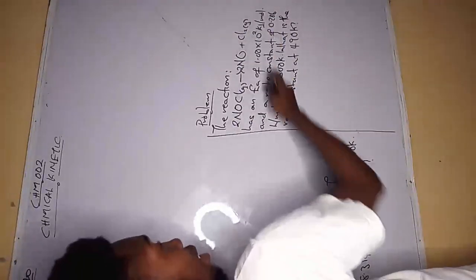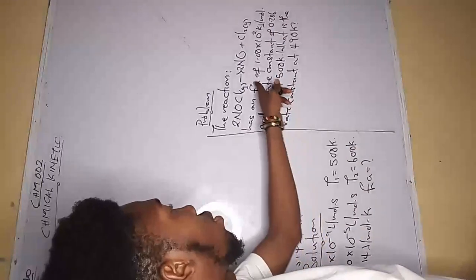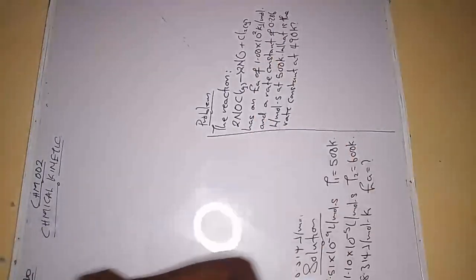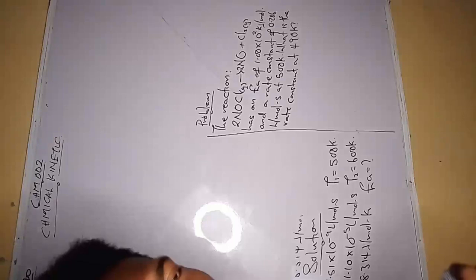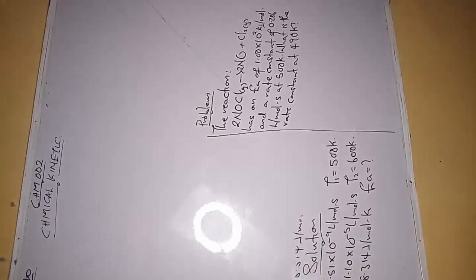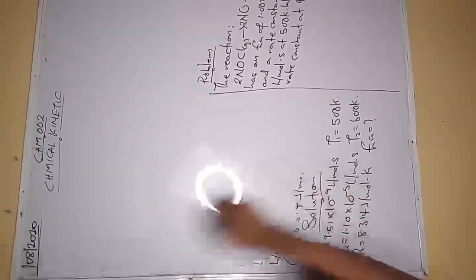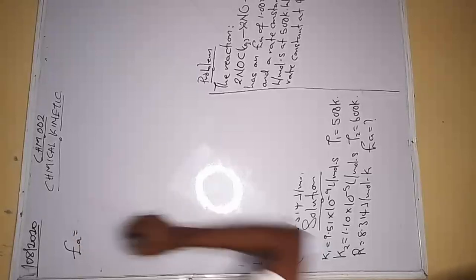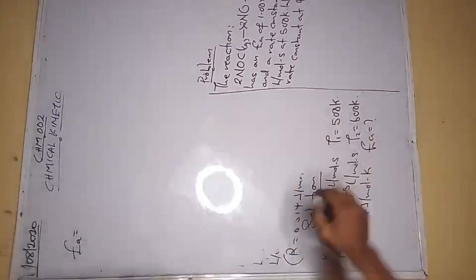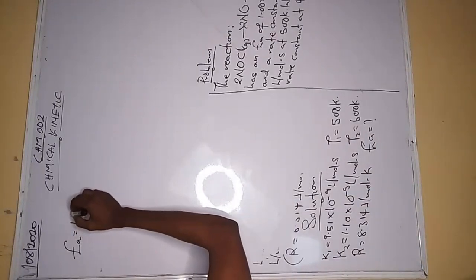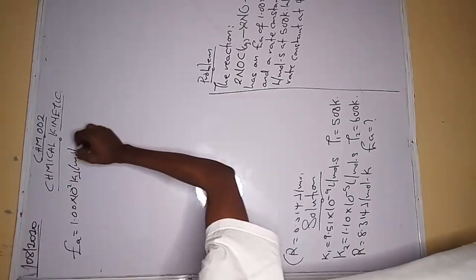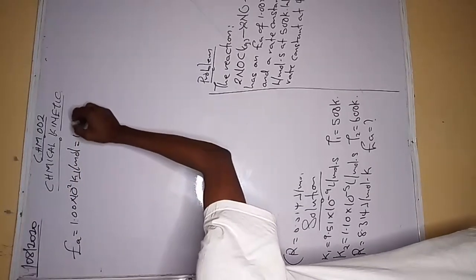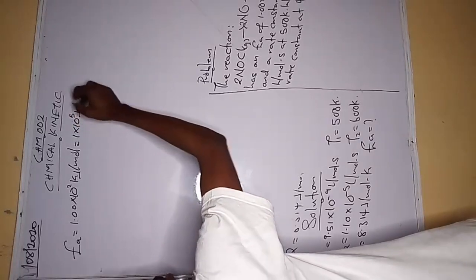So they said a reaction has an EA, an activation energy, of this. So let's write it down. EA is equal to, based on what you had in that question, 1.00 times 10 raised to the power of 2 kilojoules per mole, which is equivalent to 1 times 10 raised to the power of 5 joules per mole.